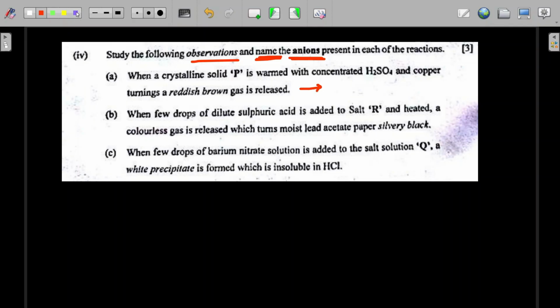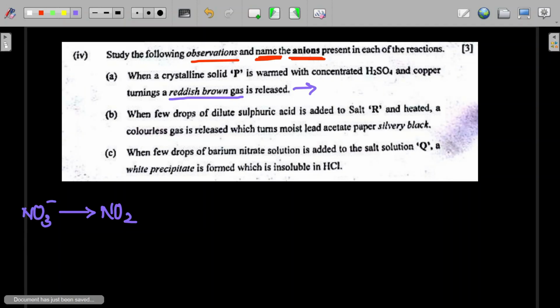When a crystalline solid P is warmed with concentrated H2SO4 and copper turnings, a reddish brown gas is released. So reddish brown gas is what? Nitrogen dioxide. So if it has to form, what should be the anion? Nitrate.